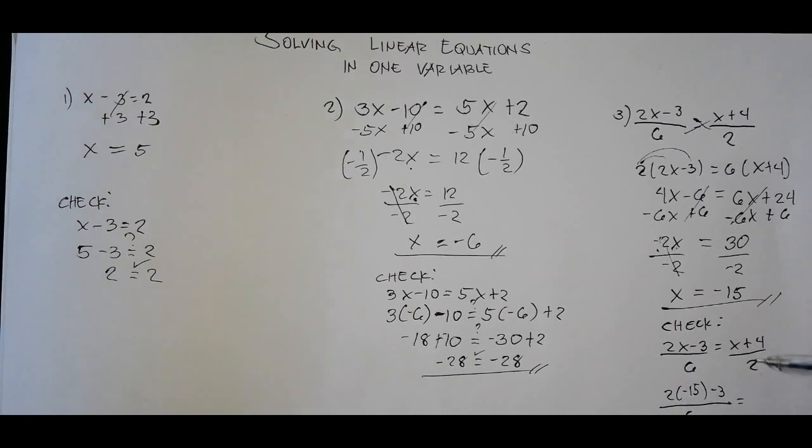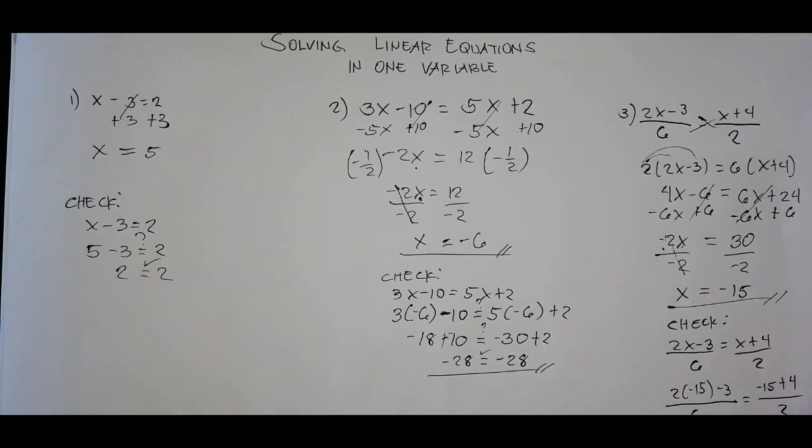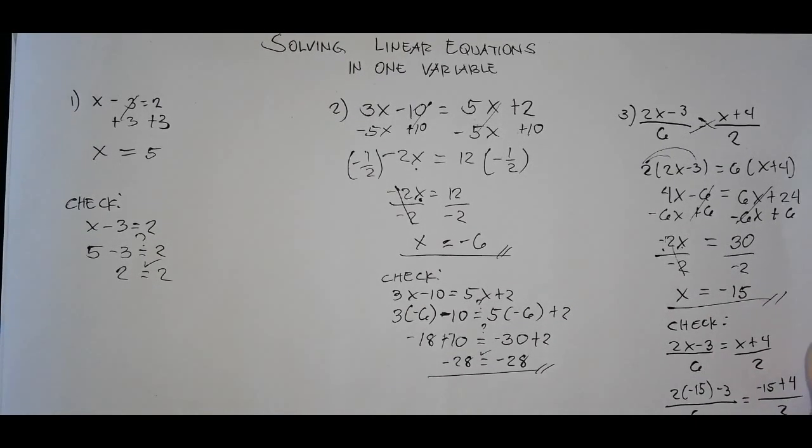And then we have there equal to negative 15 plus 4 over 2. Okay? So 2 times negative 15, that would be negative 30 minus 3 over 6 equal to negative 15 plus 4, that would be, okay, so that is negative 11 over 2.